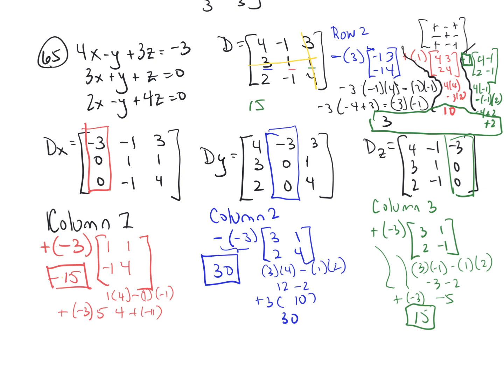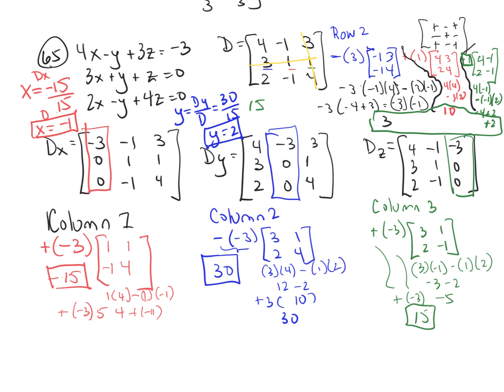Okay, I'm going to squish this in over here somewhere. Okay, so x is d sub x, which is -15, over d, which was 15. So x is -1. Okay, y is d sub y over d. D sub y is 30 over 15, so y is 2.